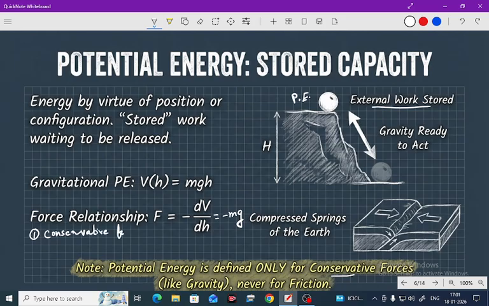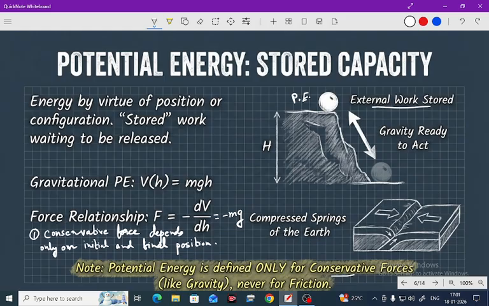Conservative force depends only on initial and final position.